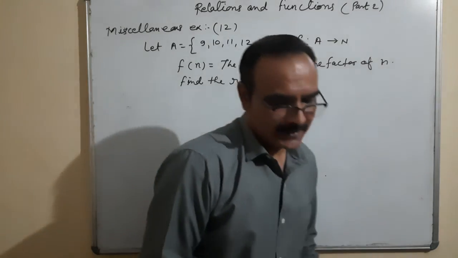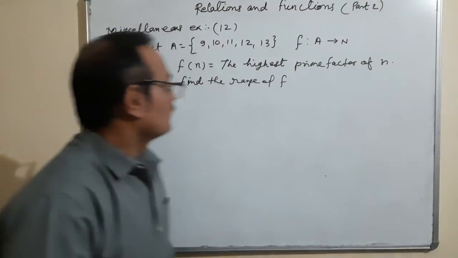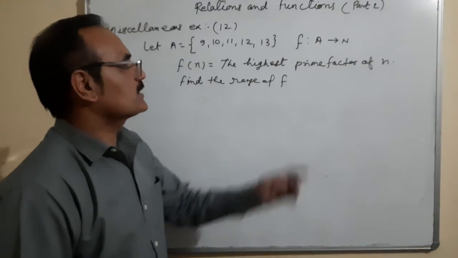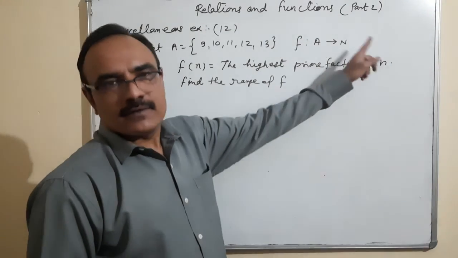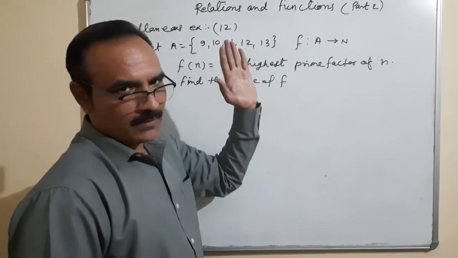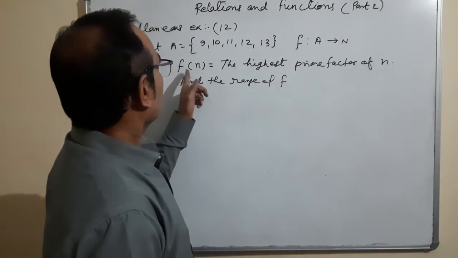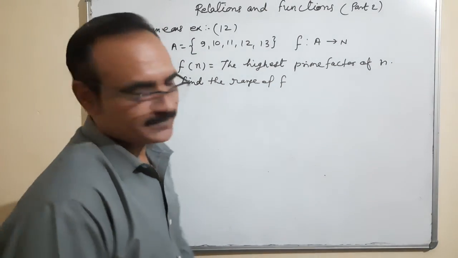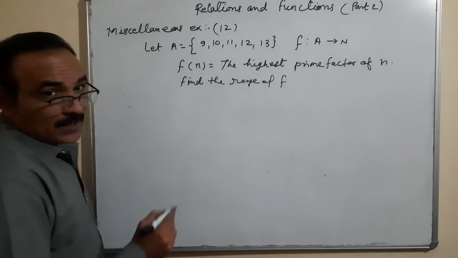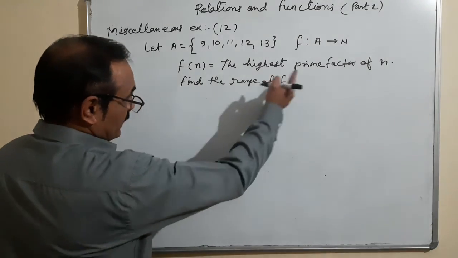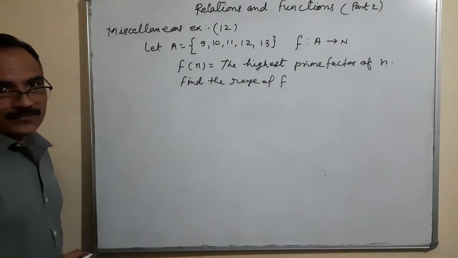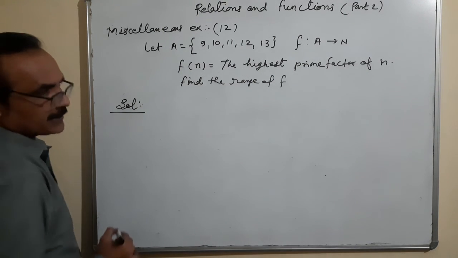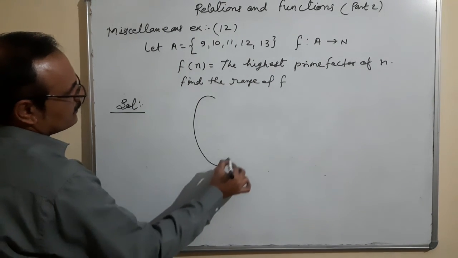It's a very interesting function. Understand it carefully. Let A is equal to 9, 10, 11, 12, 13, and F is a function from A to N, where F of N is equal to the highest prime factor of N. Then find the range of F. I hope you have understood it.